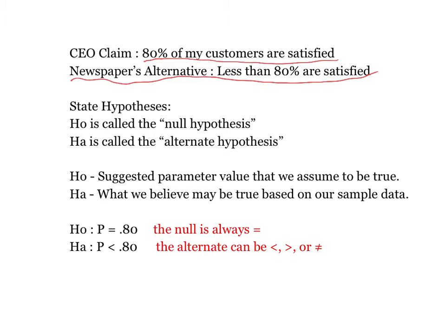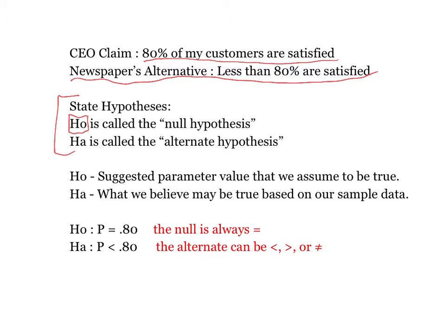So when we do a hypothesis test, we have to state the hypotheses in the problem, okay? Which is kind of, we're stating what the two points of view are, okay? And the two hypotheses we create are called the null hypothesis and the alternate hypothesis, okay? And we denote the null as H with a subscript 0. And that's the claim that's made by someone, okay?